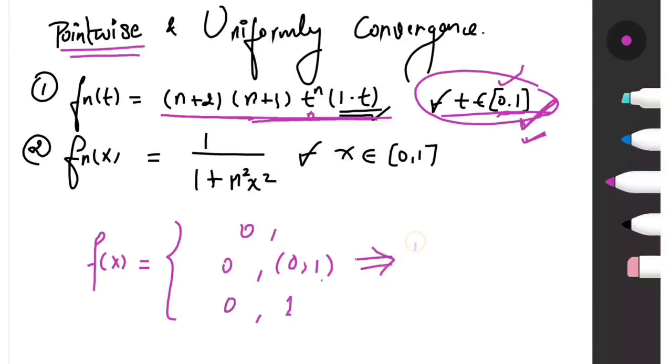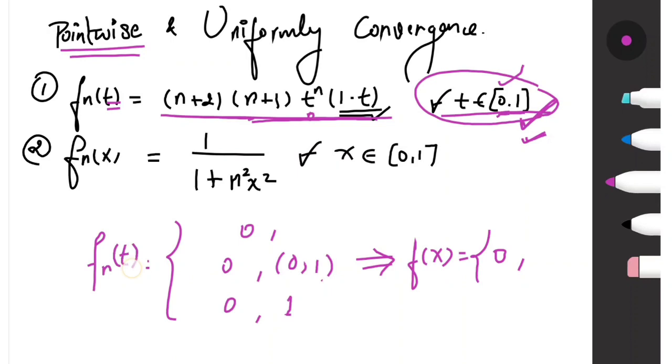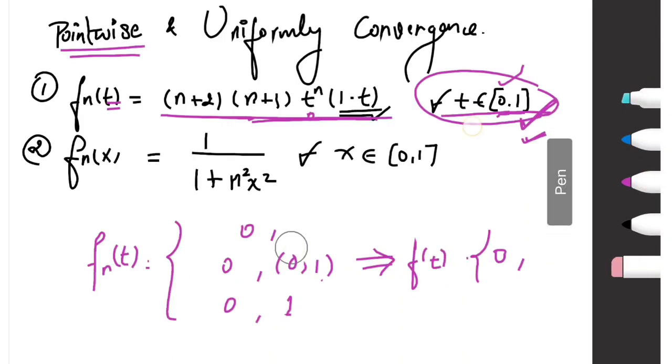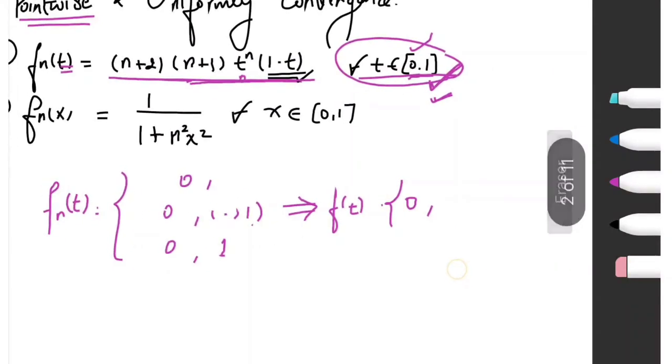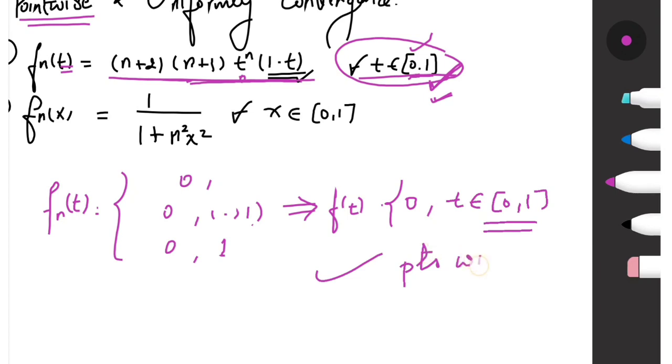So we can conclude that f_n(t) tends to f(t) = 0 for all the points belonging to this interval. So this implies pointwise convergence.